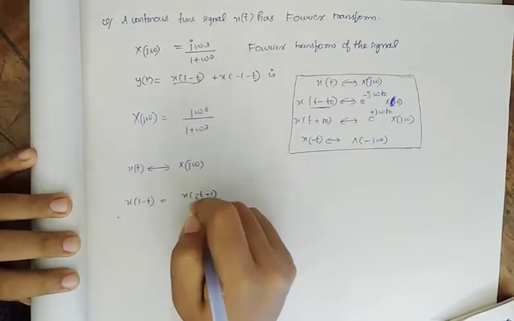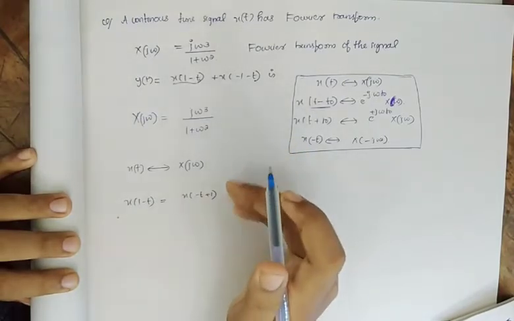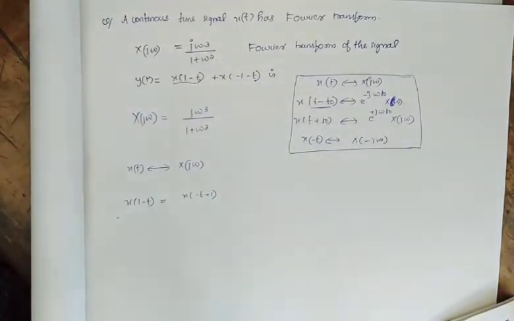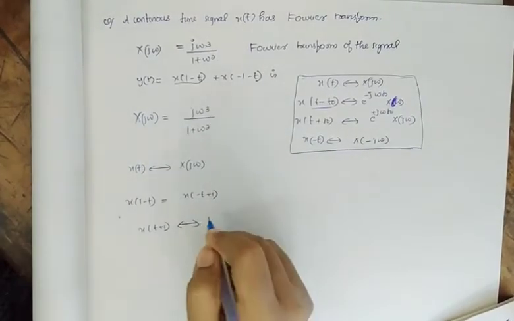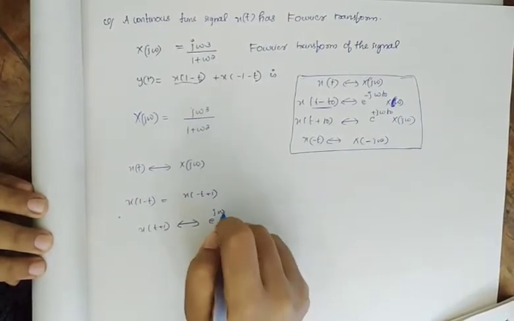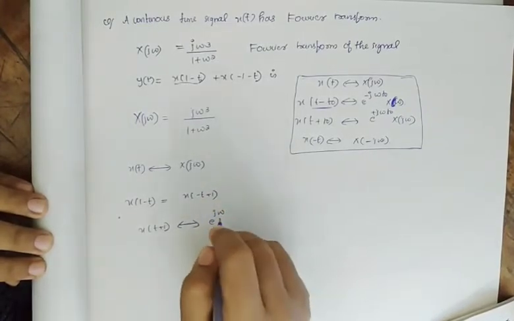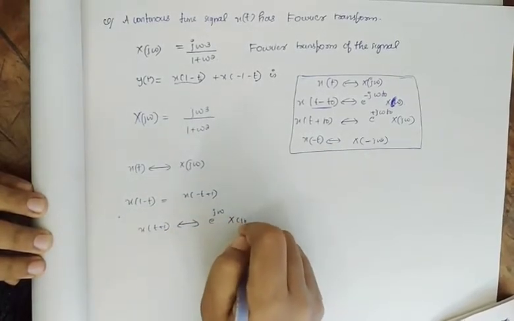We'll do this time reversal at the end. First of all, we'll write x of t plus 1. What is x of t plus 1? The Fourier transform of x of t plus 1 will be equal to e raised to j omega t0, here t0 is 1, times X of j omega.